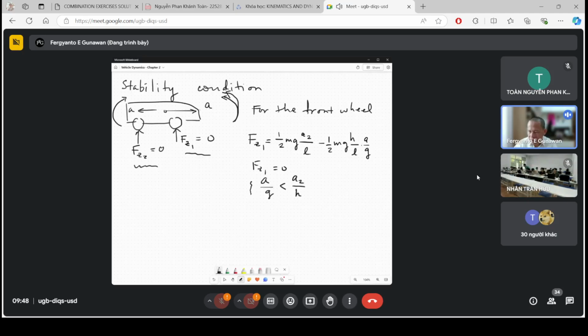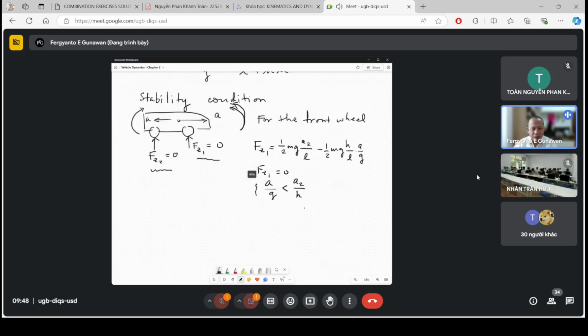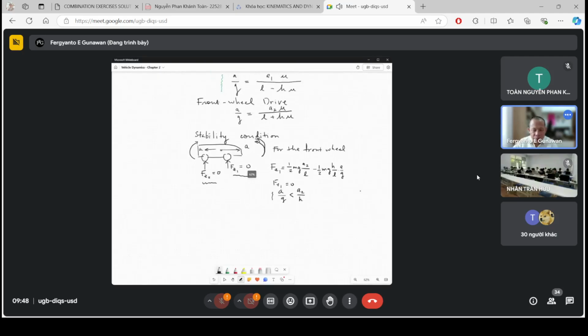That is the most important part. So you can drive your car to maximum acceleration, but the maximum acceleration should not exceed a2 divided by h. It should not exceed this stability condition.